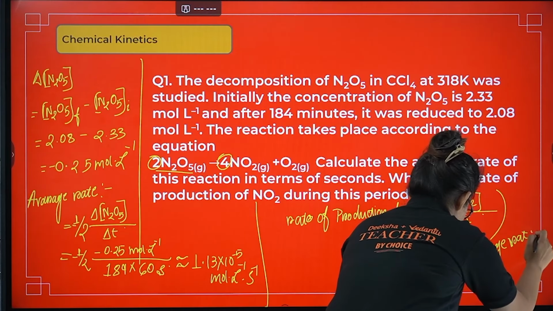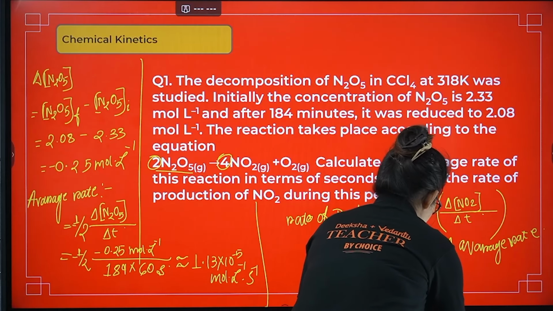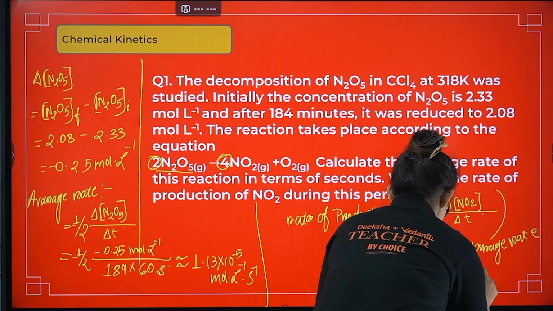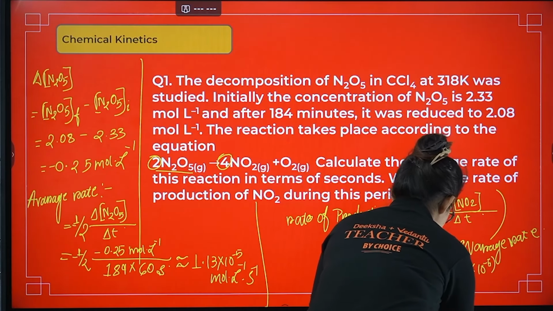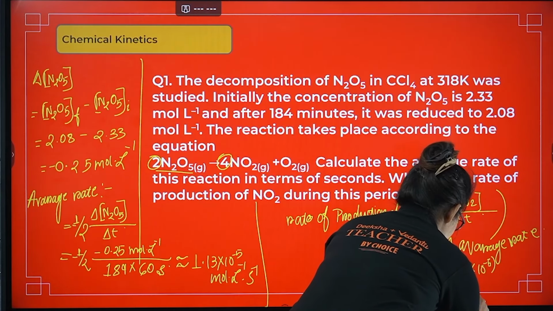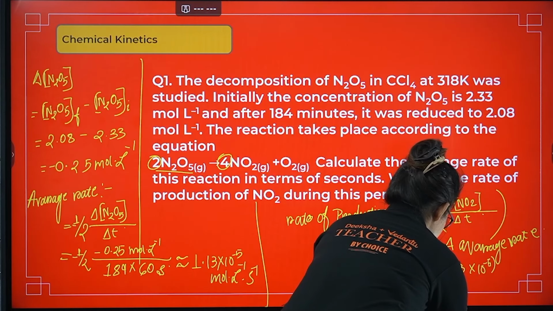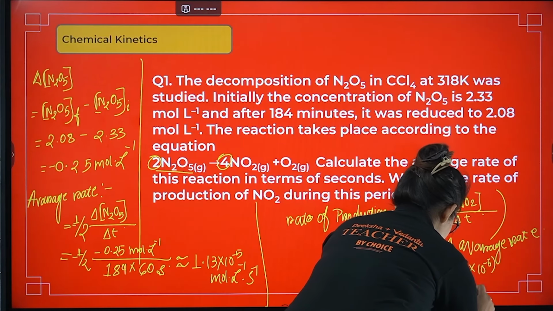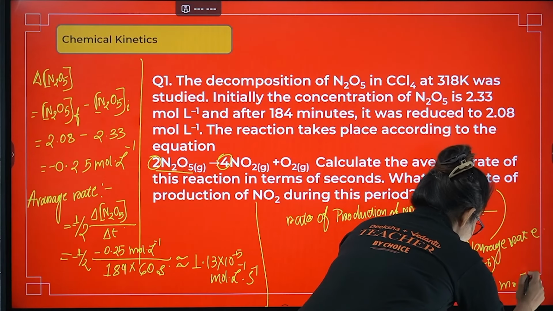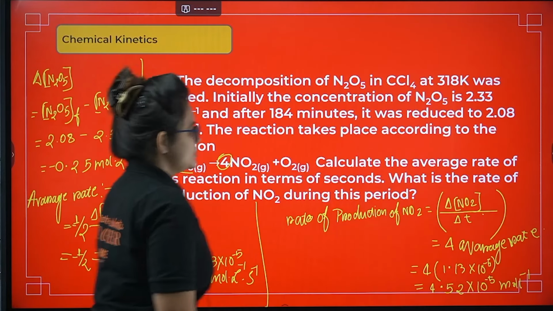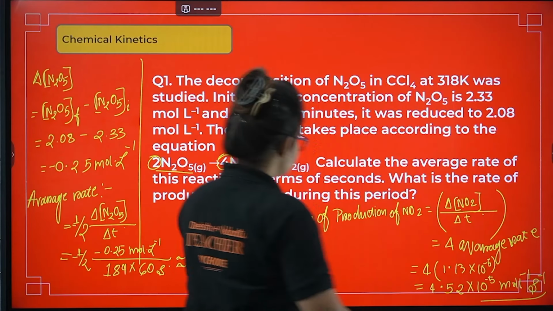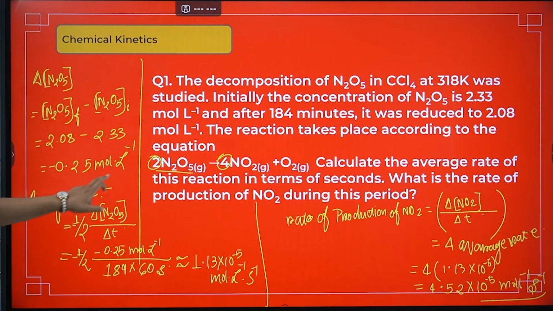So if you put 4 into 1.13 into 10 power minus 5, your answer will come to something like 4.52 into 10 power minus 5 mole per liter per second. I guess this is clear for you. Let's go ahead for the next problem.